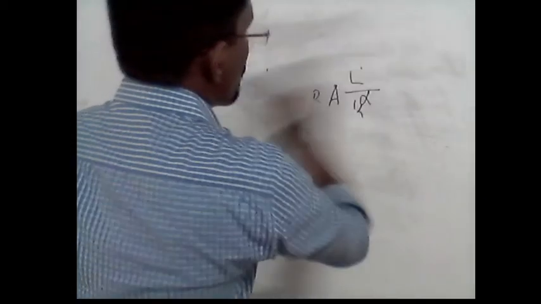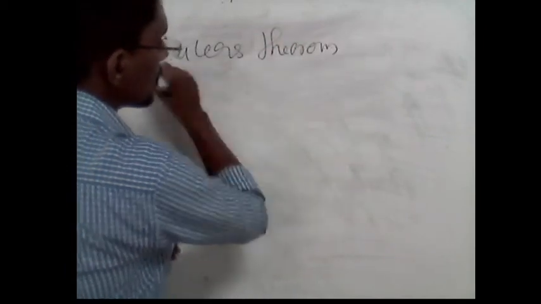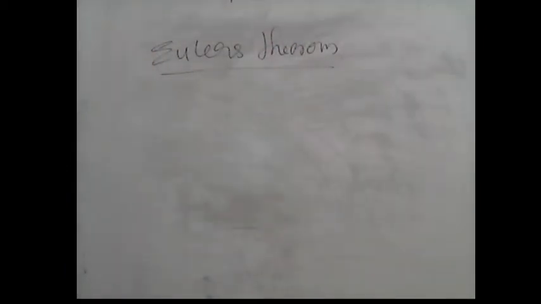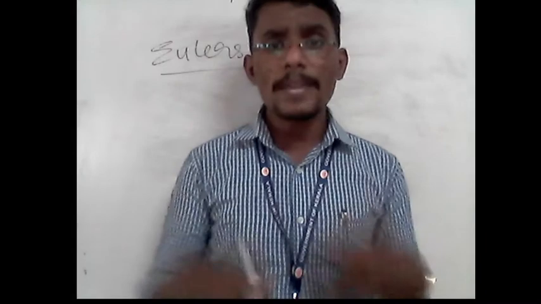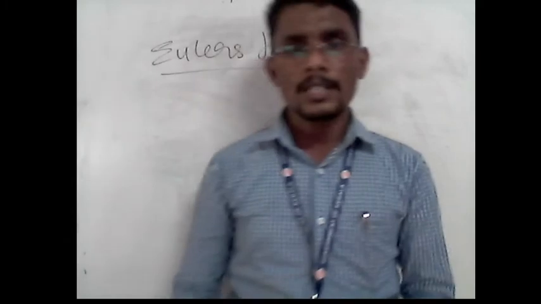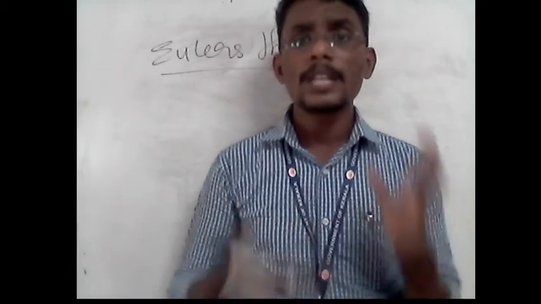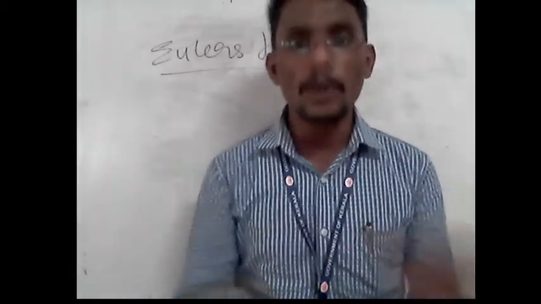And the fourth property is that the Cobb-Douglas production function satisfies Euler's theorem, which says that if we distribute the total output on the basis of the marginal productivity of the factors of production, then the total output will be completely exhausted.